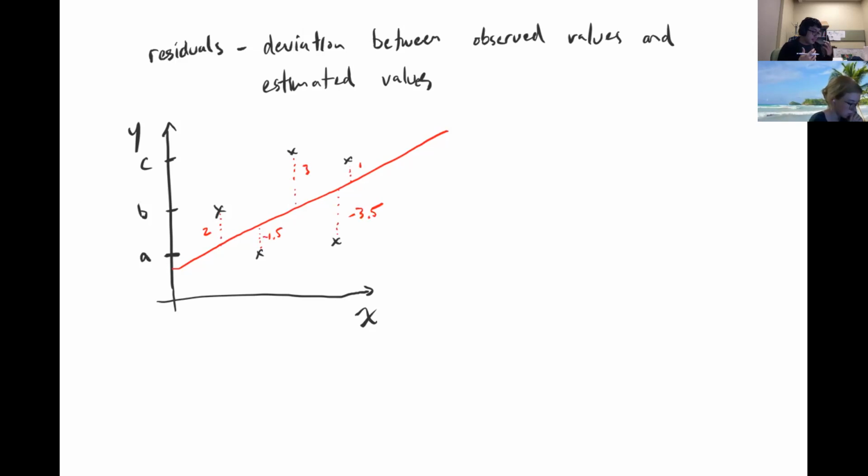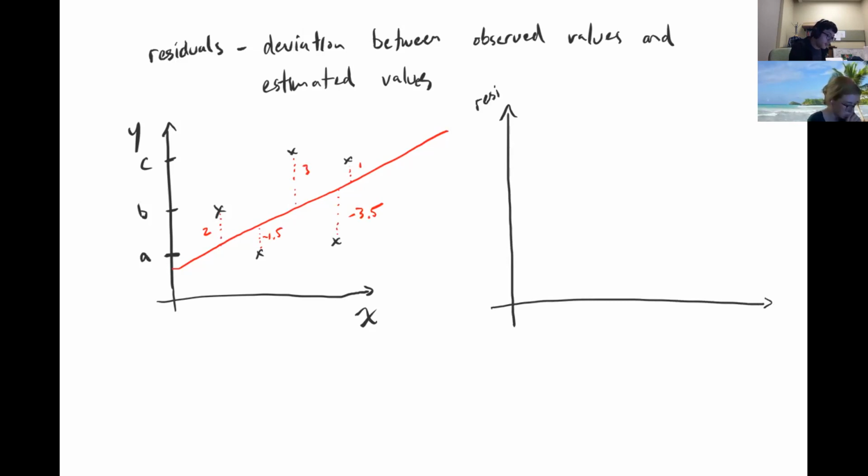So I can actually plot the residuals. This is a very common type of plot where you look at your predicted values of y and compare them against the residuals. Okay, so let's have A, B, C, corresponding to these points here.